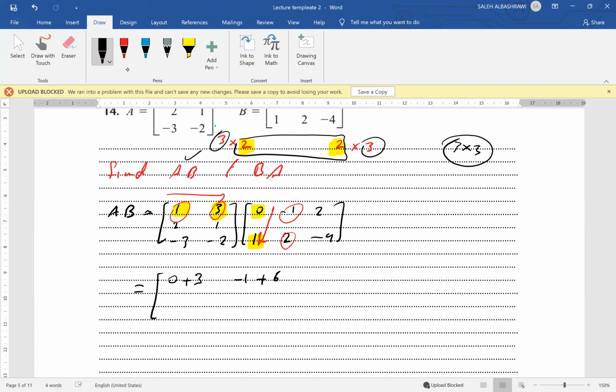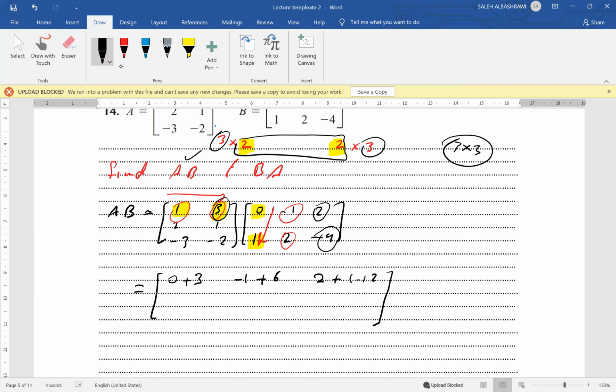Now let's move to the third column. 1 times 2 will give me 2, plus 3 with minus 4 equal to minus 12. Now this is only the first row with the first column, second column, and third column.